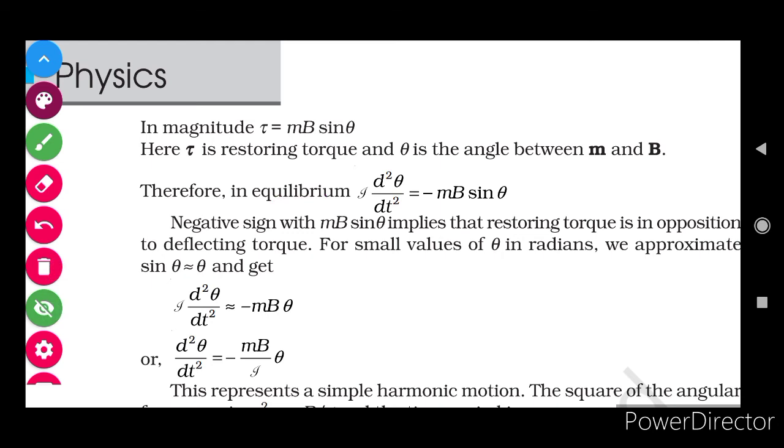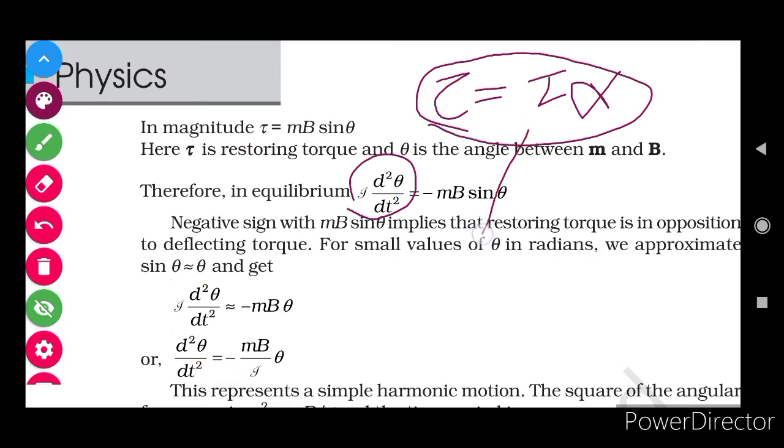Now you know the formula for torque in terms of moment of inertia and angular acceleration. Torque is equal to moment of inertia times angular acceleration. In linear motion, this is analogous to force equal to mass times acceleration.